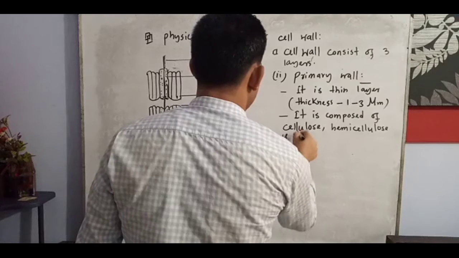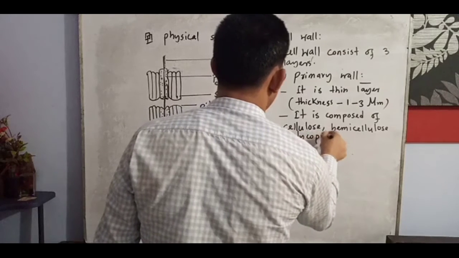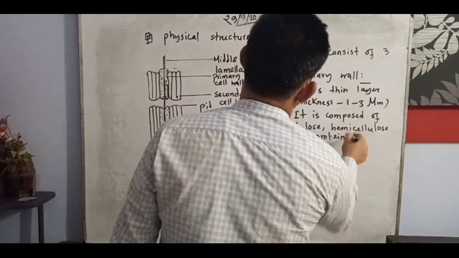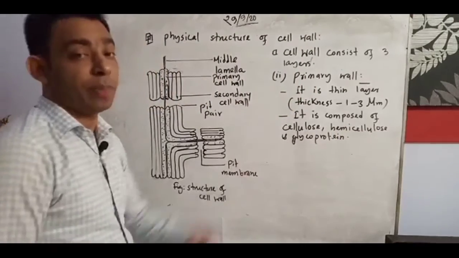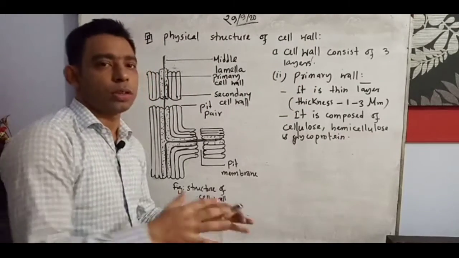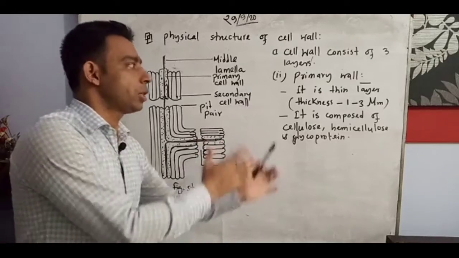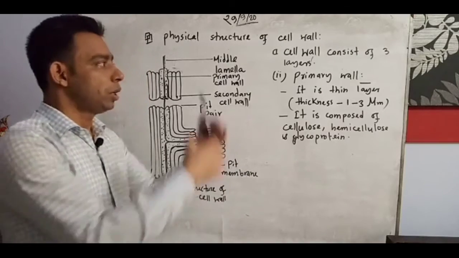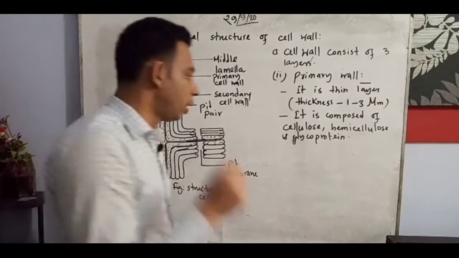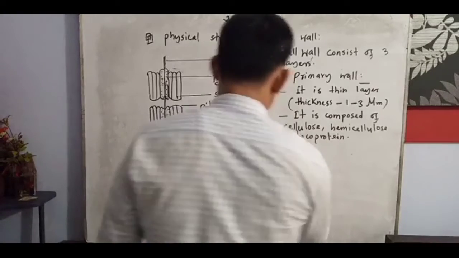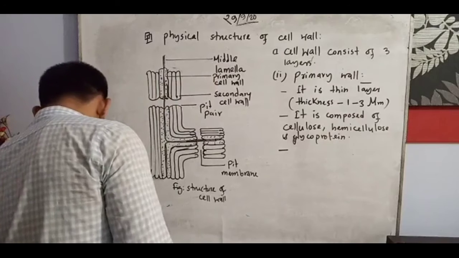You can write glycoprotein. Cellulose, hemicellulose and glycoprotein, very very important: which cell wall is composed of these, or which constituents belong to the primary cell wall and middle lamella. It is very important, so I hope you will mark it with a star.